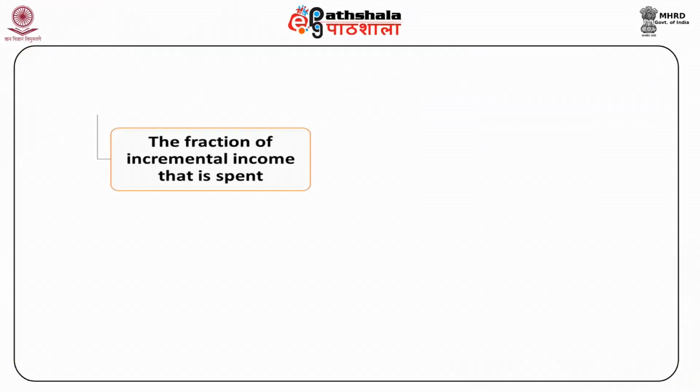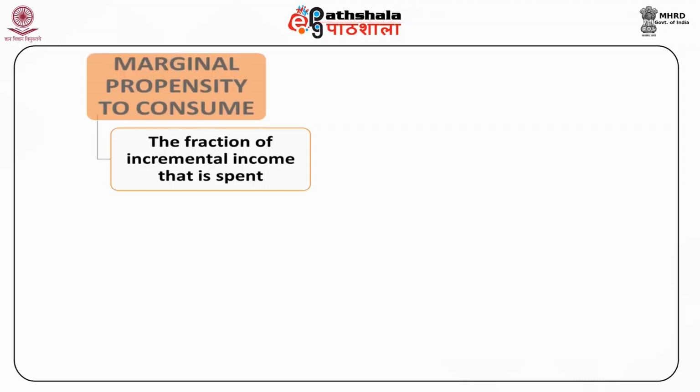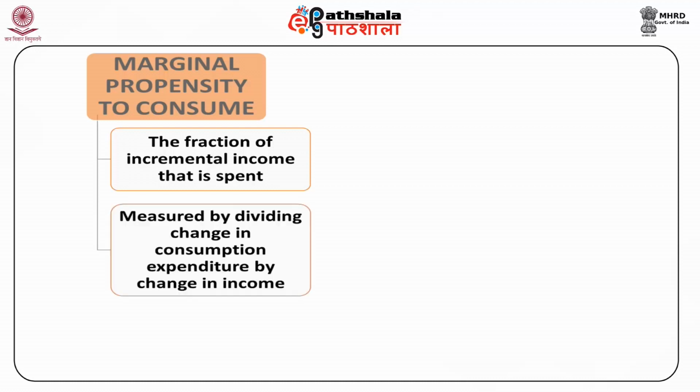The fraction of incremental income that is spent is referred to as marginal propensity to consume, or MPC. This is measured by dividing change in consumption expenditure by change in income.